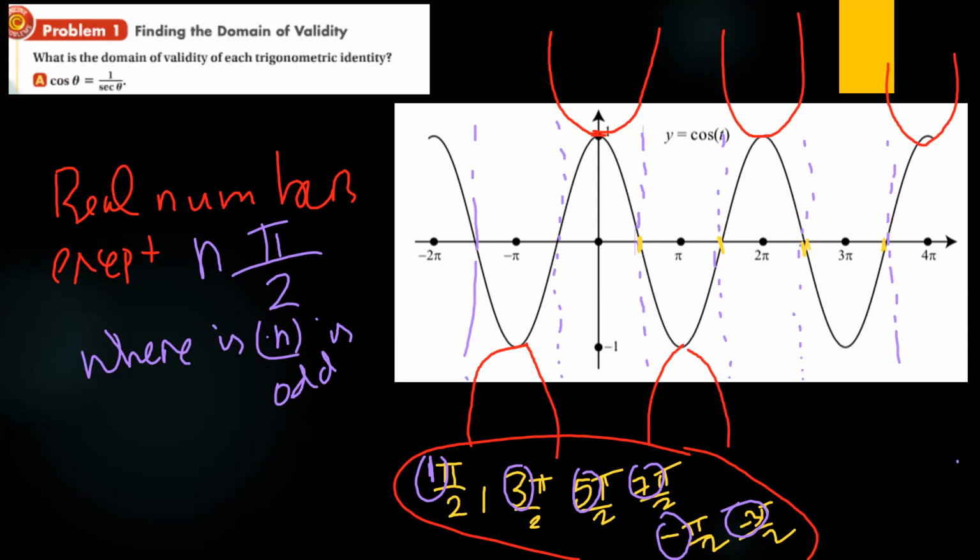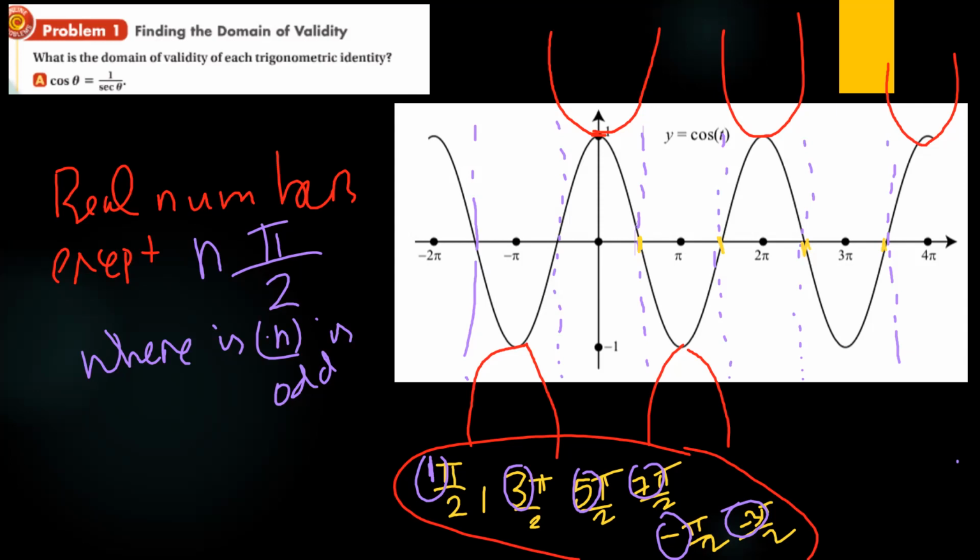Here, you know that at pi over 2, from the table that I gave you last week, the cosine of 0 is 1. For pi over 2 it is 0.